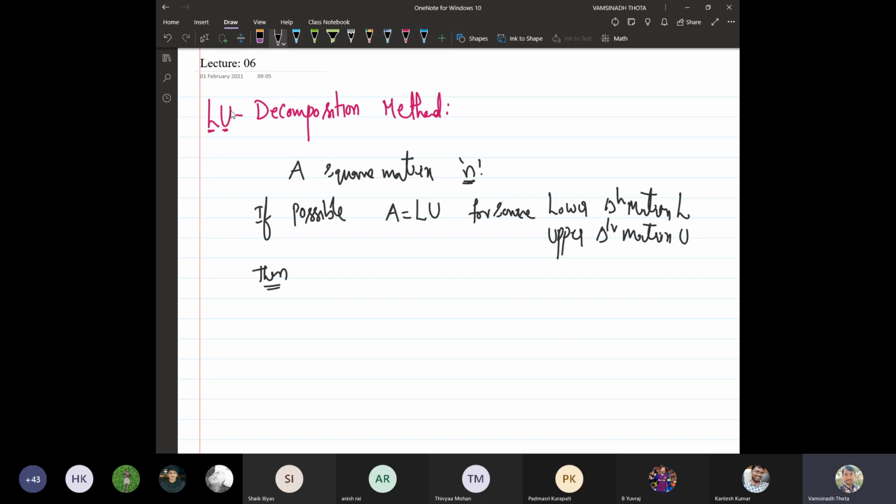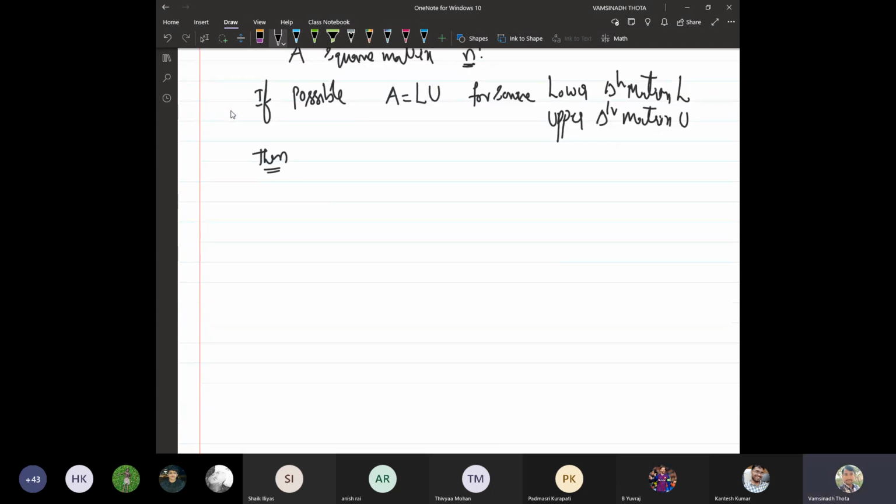The first thing, let us first see why this decomposition method is required, and then we will see how to decompose and for what kind of matrices we can do this factorization or decomposition. So the advantage of having a decomposition method for a square matrix: suppose Ax is equal to B represents a system of linear equations.